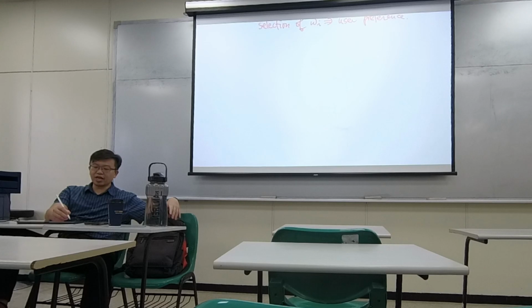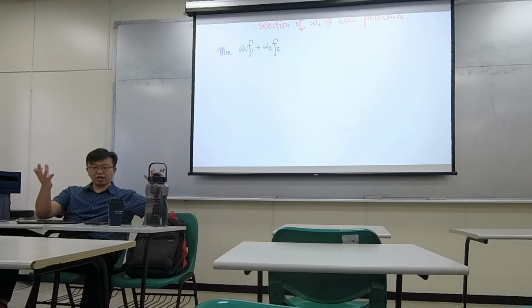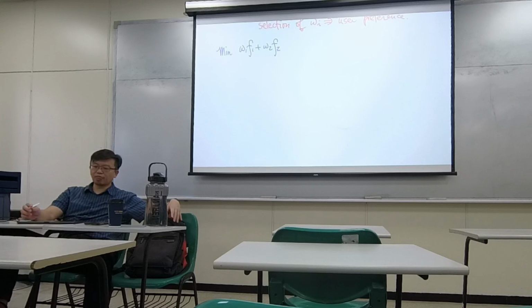Let's say I've solved a problem like this, and let's say W1 and W2 are already normalized, so they have no scaling issues. And I try to sample the weights like the following: W1 and W2.